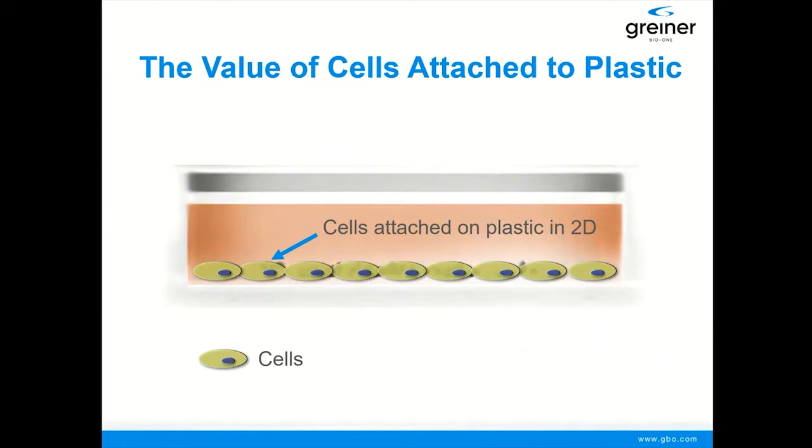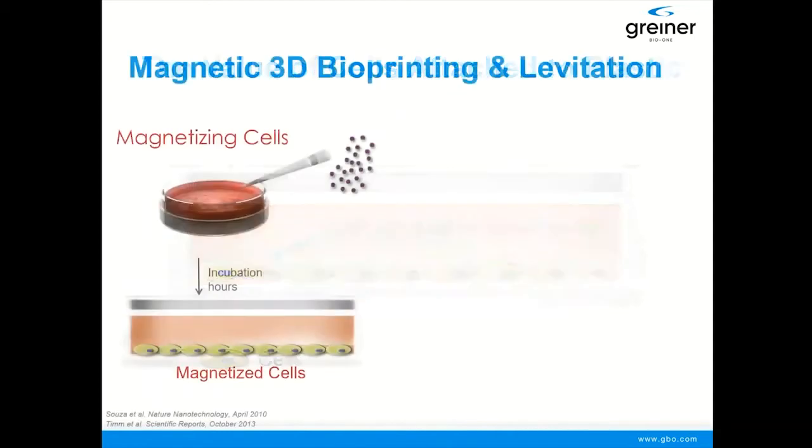Immunofluorescence, immunohistochemistry: why is it easy to do immunohistochemistry on cells? Because cells are attached to the bottom. So when you go from 2D to 3D, you lose the cell attachment. And very simple tasks that are done in 2D are no longer easy. So our idea here is to use a magnetic field as a surrogate for cells attached to plastic to make cell culture easier. Okay, so how do we do that?